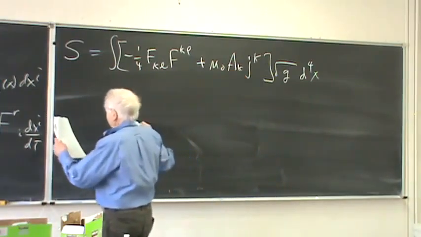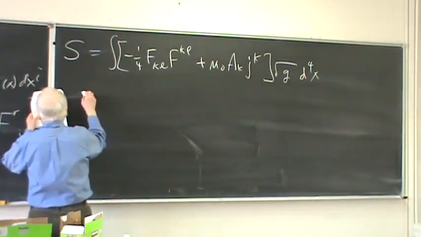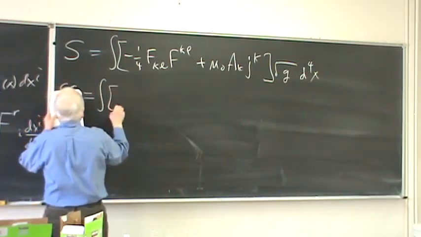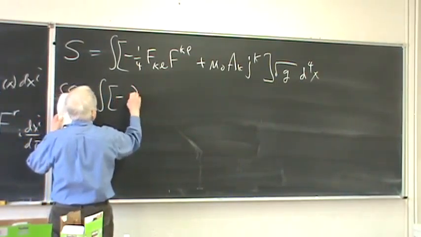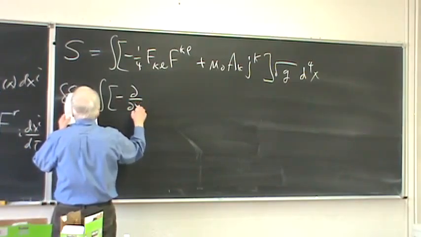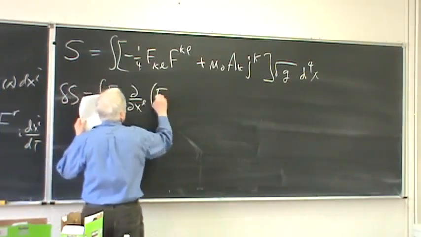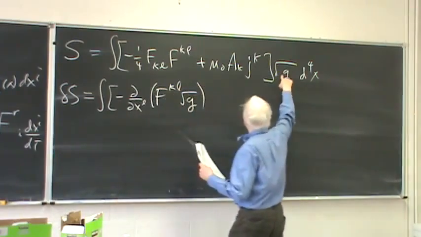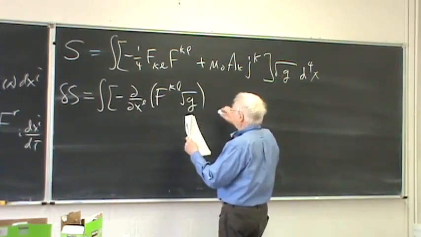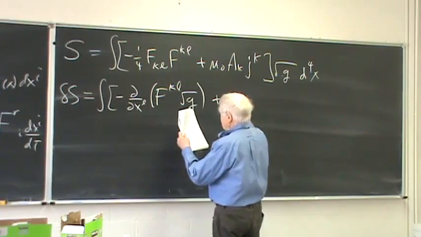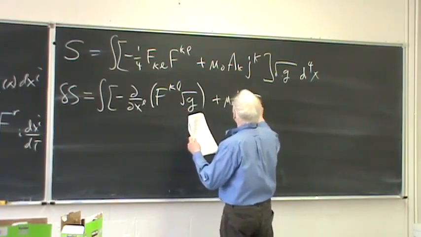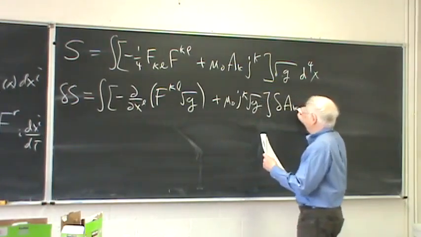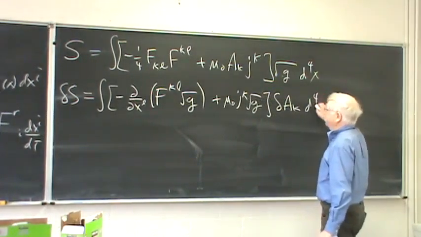and let me just go to the second equation. I think this is worth writing because it's simple enough that we won't be doing it all day. ∂/∂x^L of F^KL square root of g, you see, it's this square root of g plus μ0 J^K square root of g, and all this is variation of A_K d⁴x.